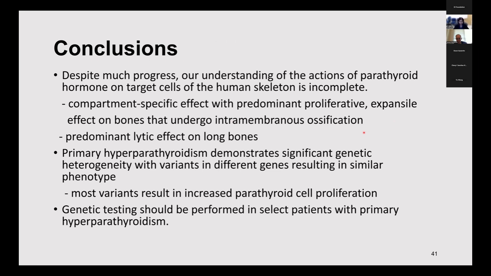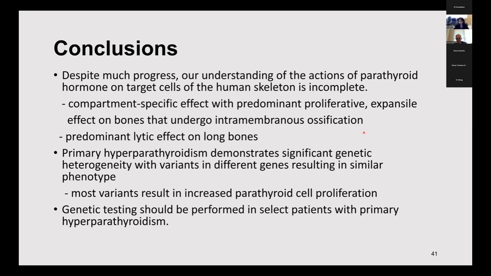Primary hyperparathyroidism demonstrates significant genetic heterogeneity with variants in different genes resulting in similar phenotype, and most variants result in increased parathyroid cell proliferation, which leads to primary hyperparathyroidism.